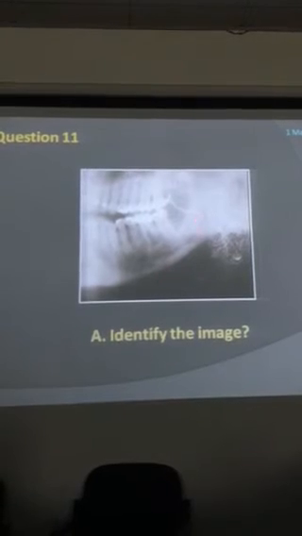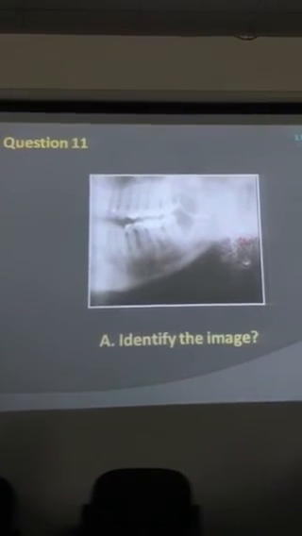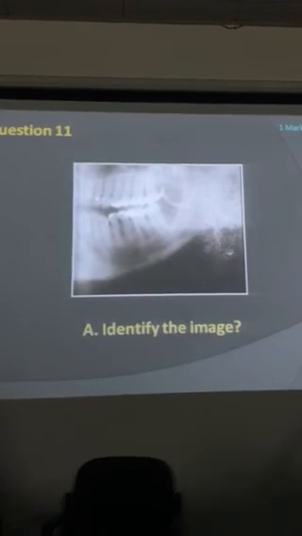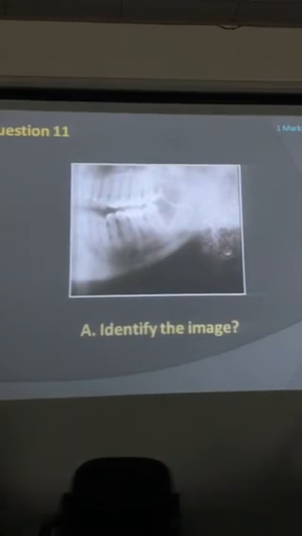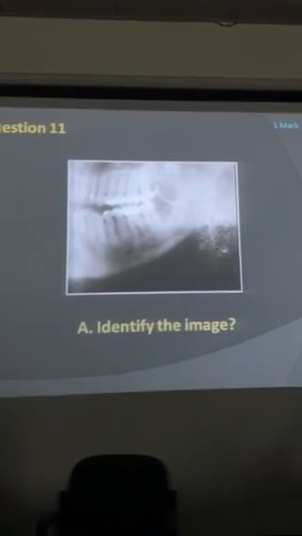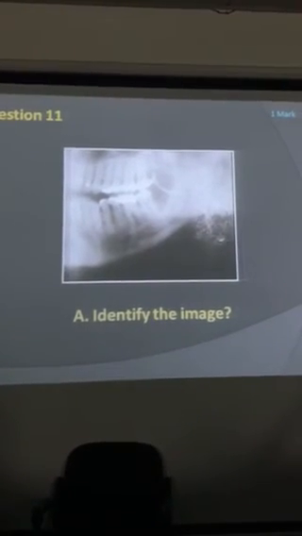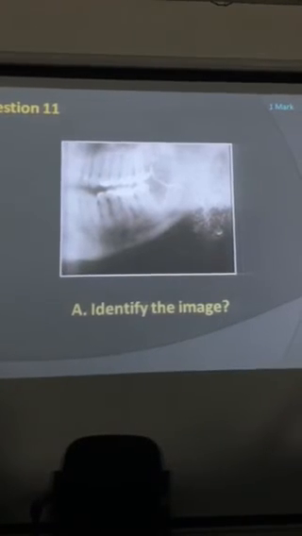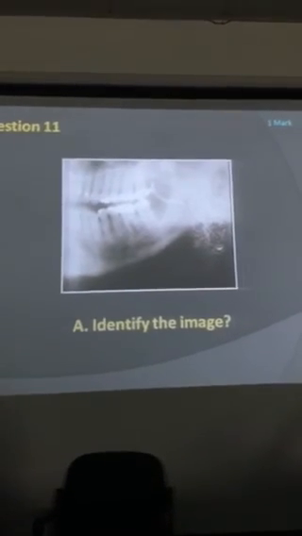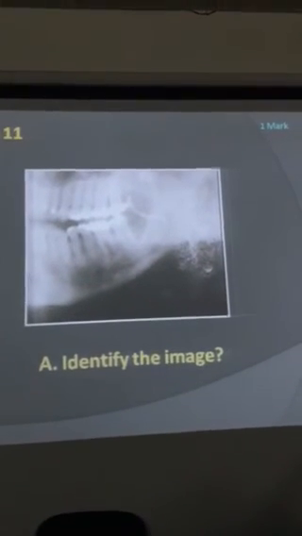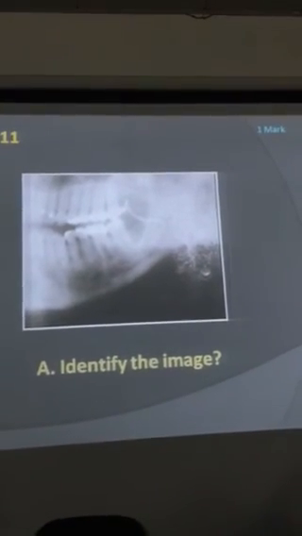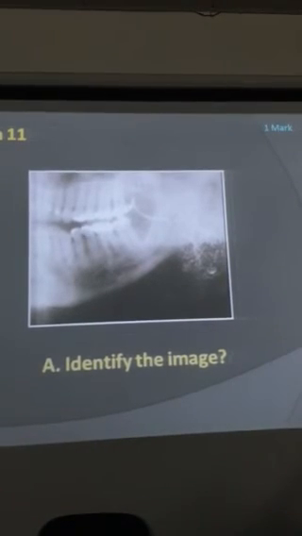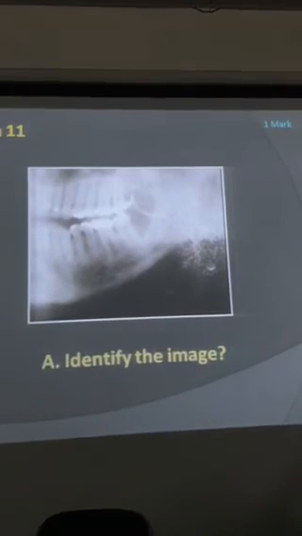You see some dots here and some structures. This is the duct of the salivary gland. Inside there is an injection of contrast medium. You know what a contrast is? Injected into the blood, this contrast medium will be radiopaque, that's why the name. We inject it into the gland, it goes inside, and you take a radiograph.